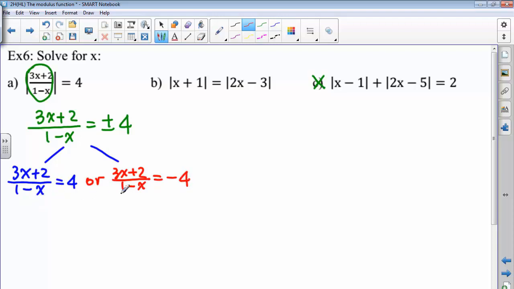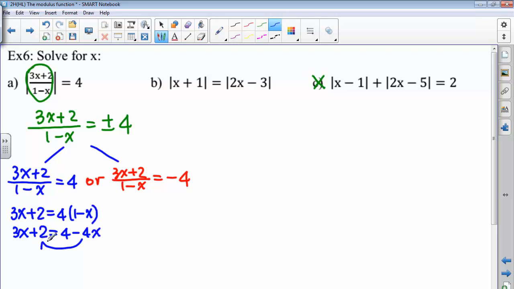Now let's solve these two rational equations. When we solve rational equations, we multiply both sides by the denominator. So this blue equation becomes 3x plus 2 equals 4 times 1 minus x. Then expand the brackets: 3x plus 2 equals 4 minus 4x.